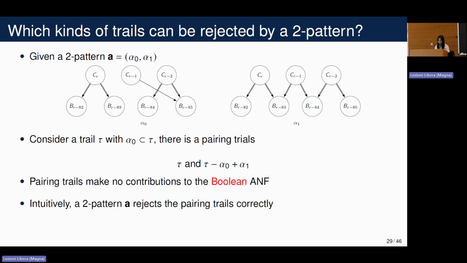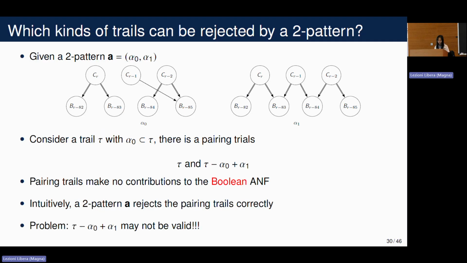There's a pairing trail, tau minus alpha 0 plus alpha 1, deduced from the pattern. Pairing trails make no contribution to the Boolean ANF. So if they appear together, we could discard them. Intuitively, a two-pattern seems able to do this directly.